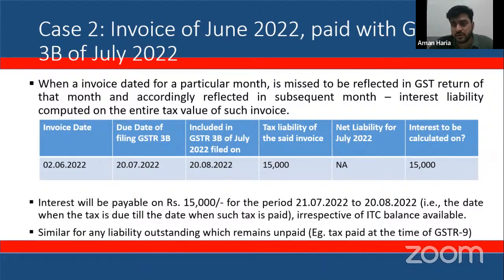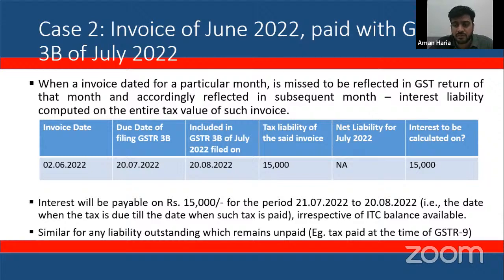Even though for July 2022 your net tax liability was 0, you are expected to pay interest on this 15,000 amount from 21st of July to 20th of August. That is, from the date when the tax is due till the date when such tax is paid. So irrespective of your ITC balance of that month, you are expected to pay interest on the entire value if you missed it in the respective month itself. Similarly, for any outstanding liability which remains unpaid, this rule has to be followed.